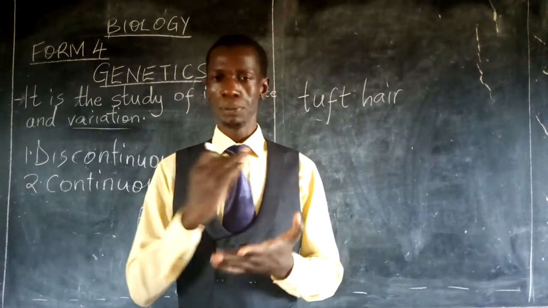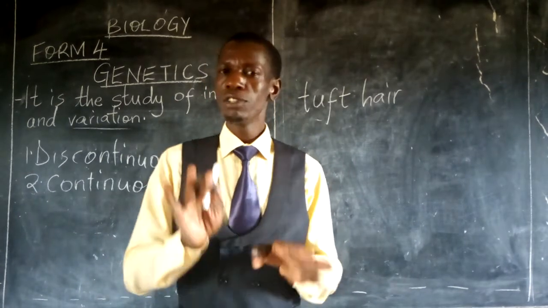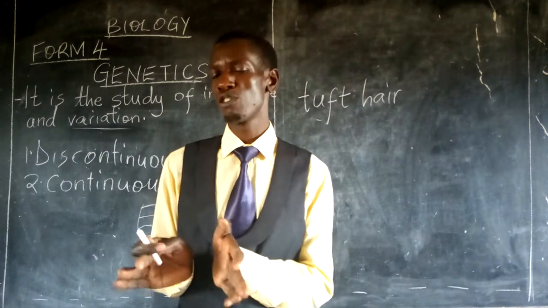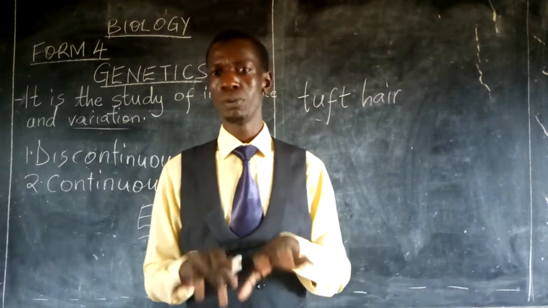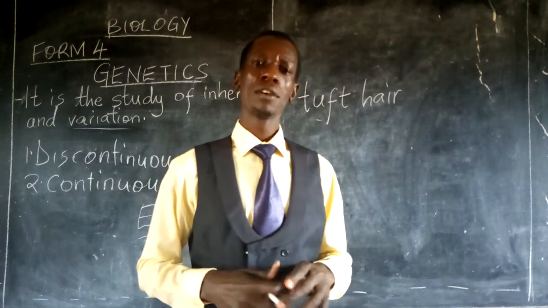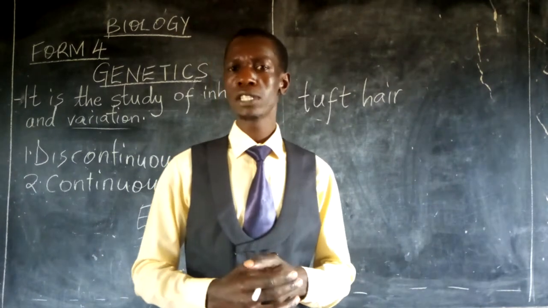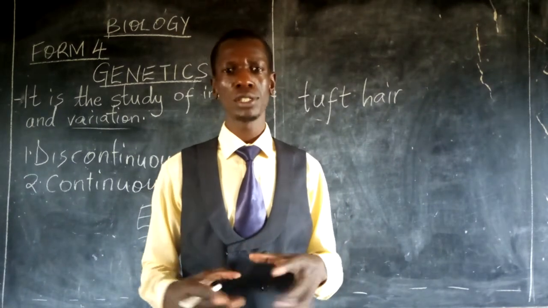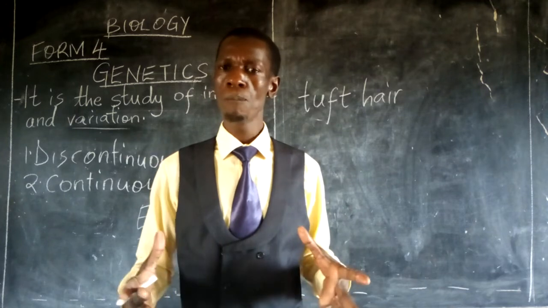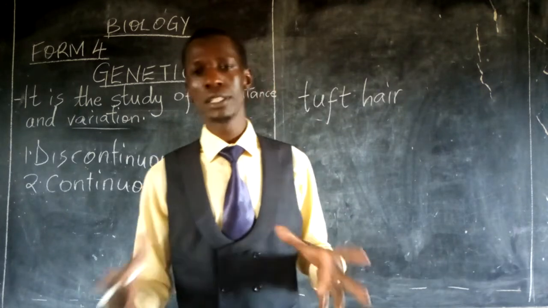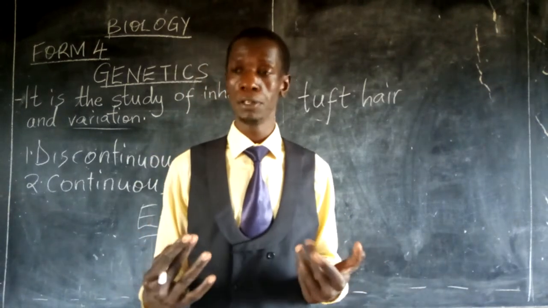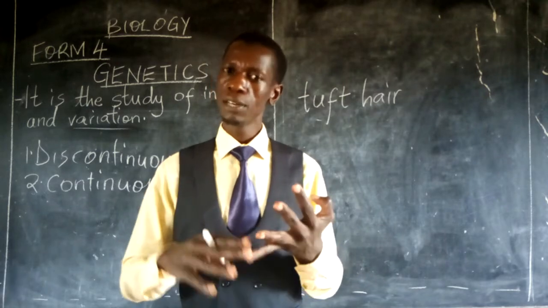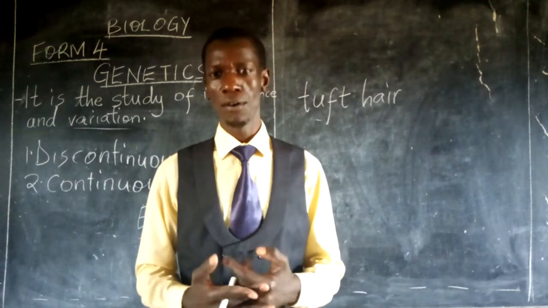Remember, when we are looking at this, an individual must be falling within a specific category so as to bring the difference clear. For the case of plants, we have some discontinuous variations in plants such as pawpaw, whereby you find that we may be having the ones that are males and the other ones are females.